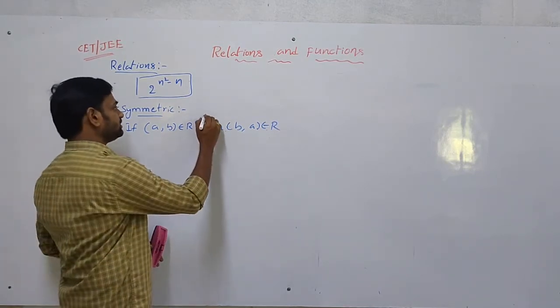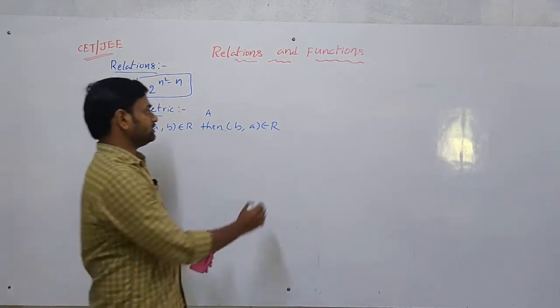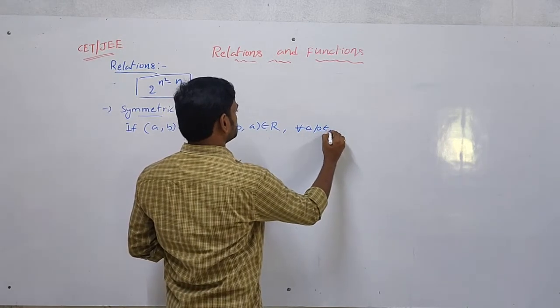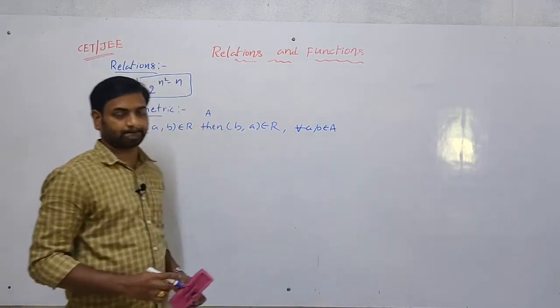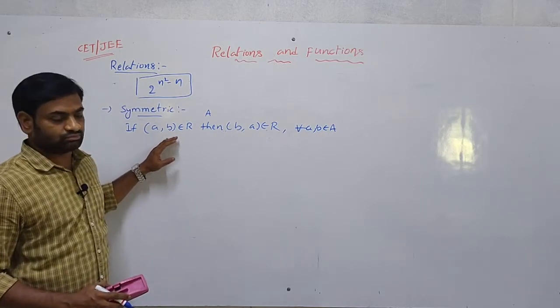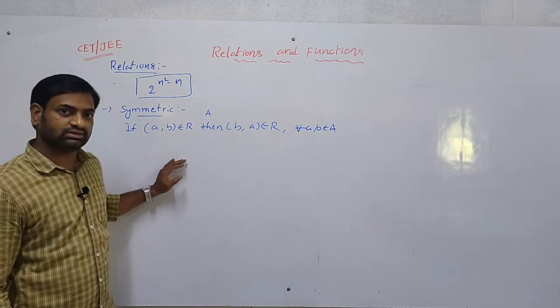So I define this R on the set A, for all (a, b) belonging to capital A. If this condition is satisfied, then we can say it is a symmetric relation.